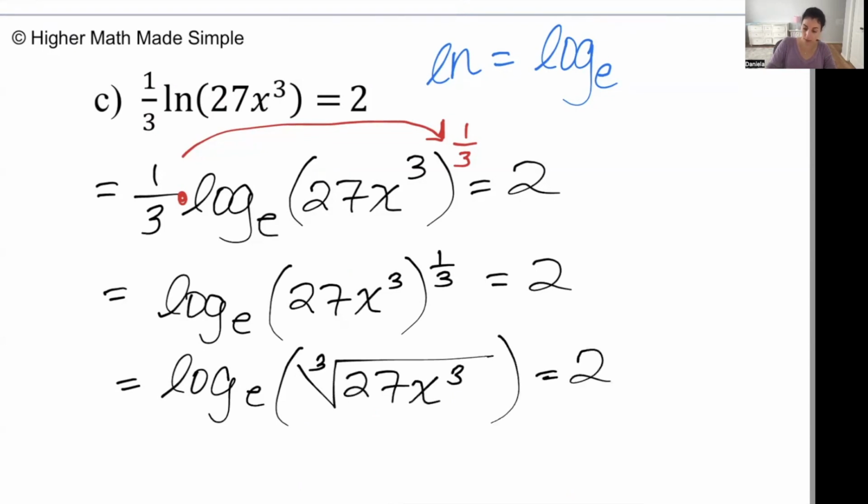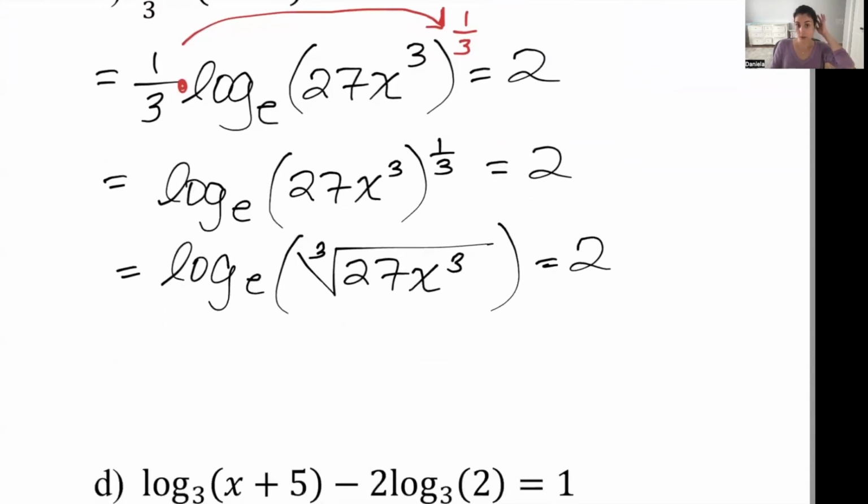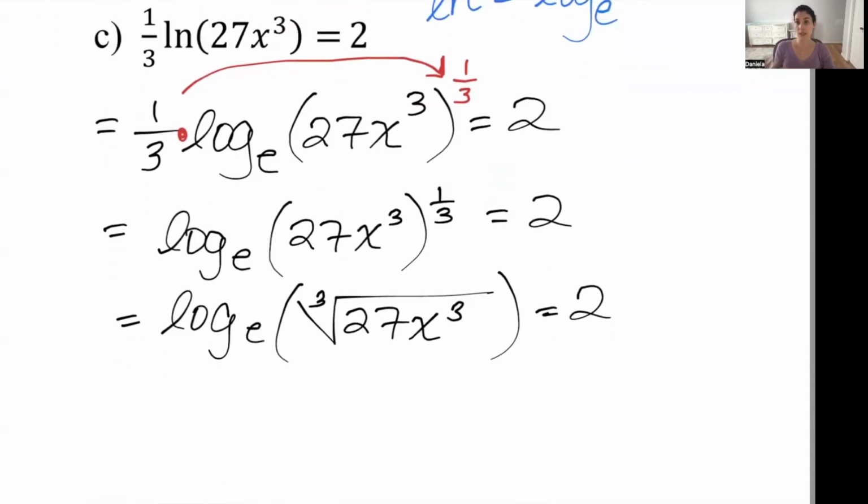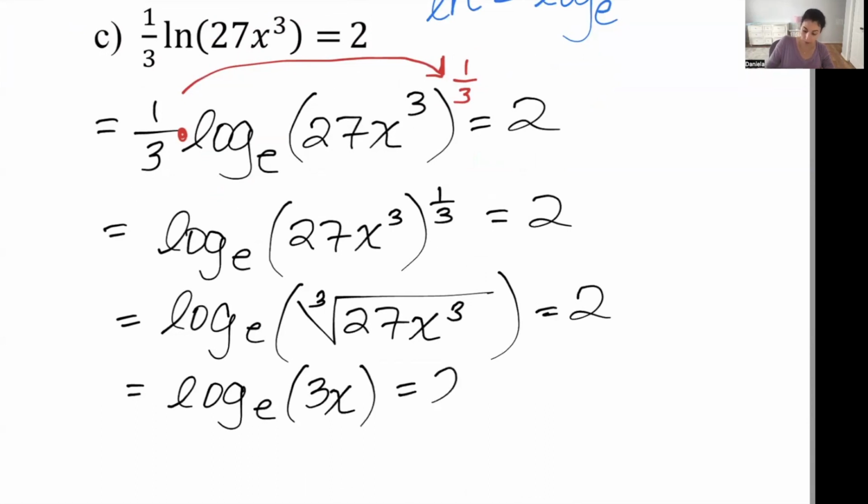Now we're going to simplify. It turns out, surprise, surprise, that 27x cubed is a perfect cube. So what times itself 3 times gives us 27x cubed? In other words, what is the cube root of 27x cubed? That is going to be 3, because 3 times 3 times 3 is 27, and then x, because x times x times x is x cubed. So now we're here.